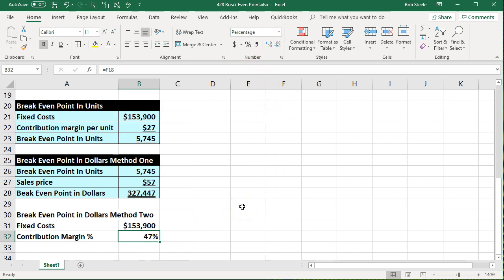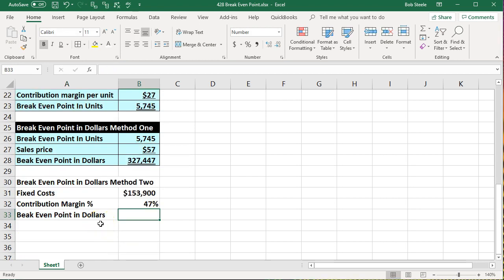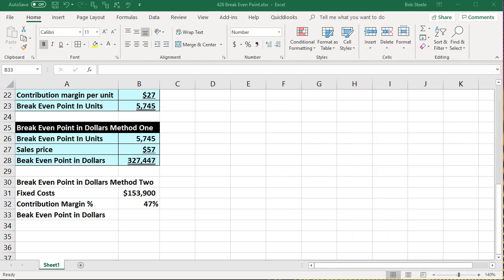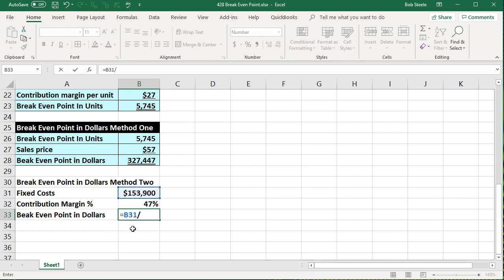And there's our percentage. So then we're going to calculate the break-even point. I'm just going to say this is the same as this cell. And if we were to do this with a calculator, you would say 153,900 divided by 0.47 because it's a percent, and you'd get something that's not perfect. It's not a perfect world. That's okay. And so we'll do that here, equals this number divided by 47%.